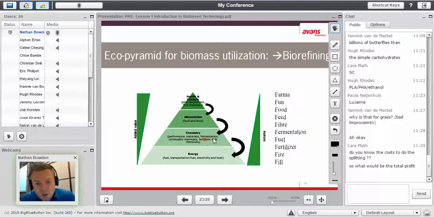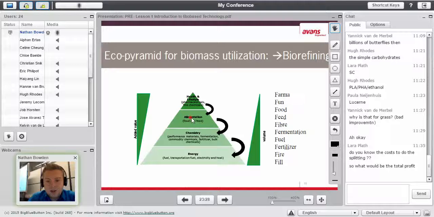Chemistry, using fermentation technologies, as Hugh, you mentioned, making PLA or ethanol from fermentation. This would be also fertilizers, so these are chemicals. You need still quite a bit of volume. You need a lot of carbohydrates to fuel the microorganisms that make PLA, for example. And the added value of making plastics is slightly higher than the energy.